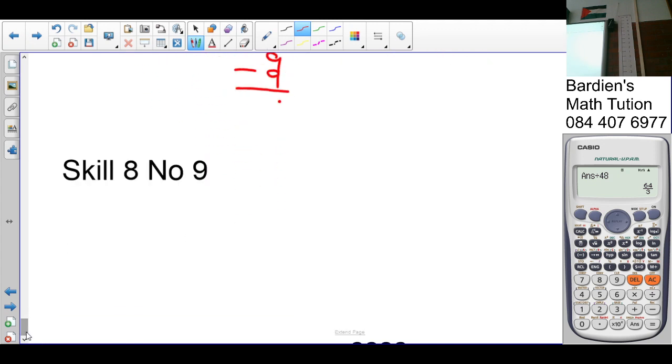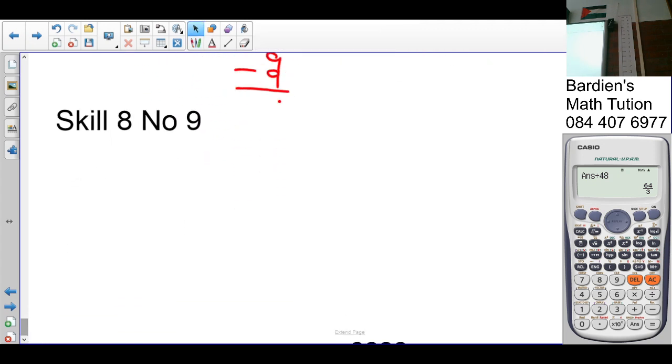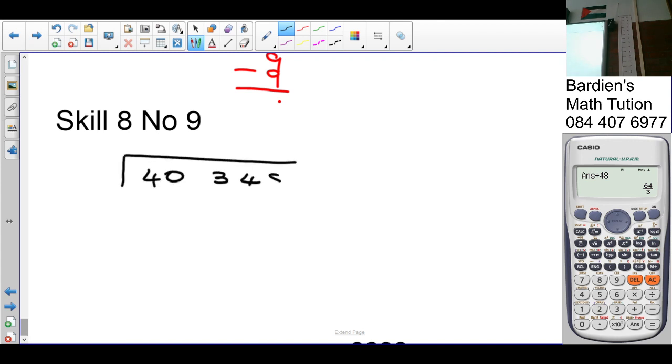Let's look at number 9. What's the question in number 9? 348 divided by 4. Who asked this question? Right, what's wrong? You find a mistake already. Right, so go for it. Let's hear from you. 4 goes into 4 how many times?